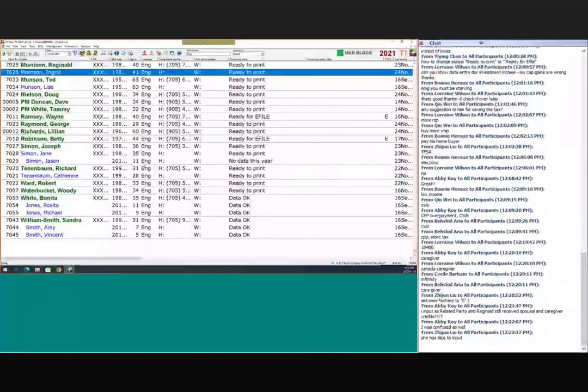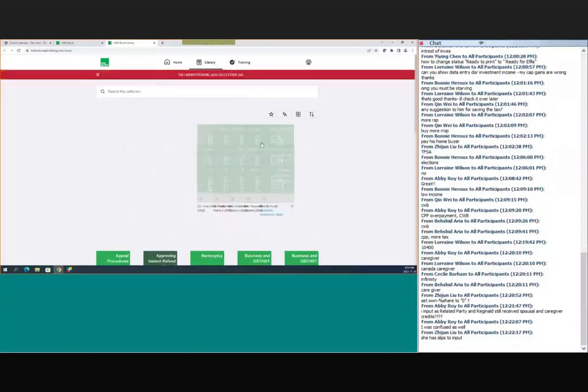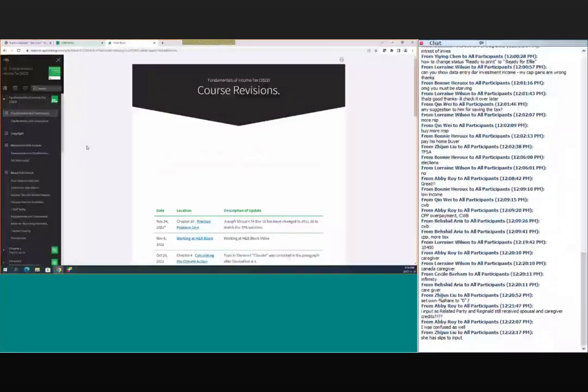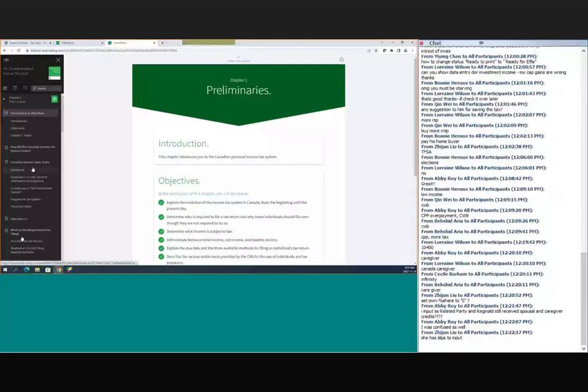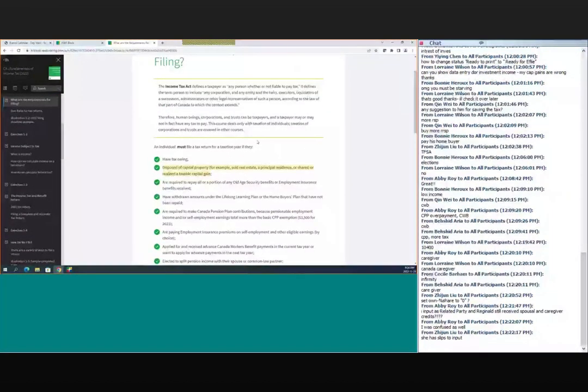So I'm going to take you back to the rules. Let's bring up our Inkling. And we're going to go back to the rules from our very first chapter, Chapter 1, and look at who needs to file a tax return. What are the filing requirements for the tax return? And look what it says.